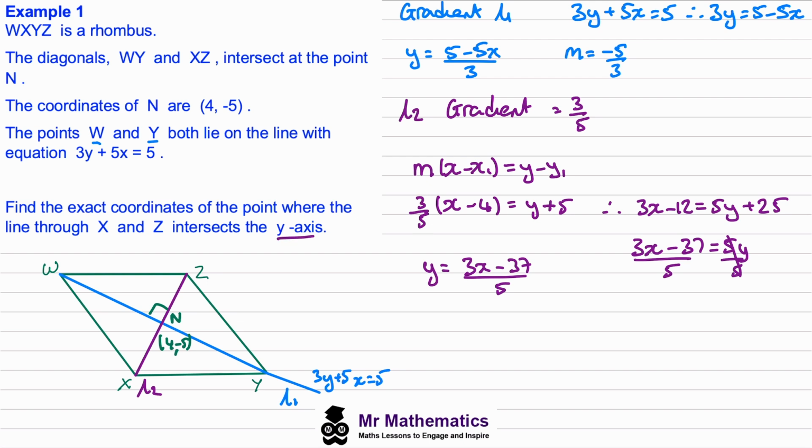On the y-axis, the x value is 0, so we substitute 0 into here. y equals (0 - 37)/5. So the coordinates will be when x is 0 and y is -37/5, or (0, -7.4).